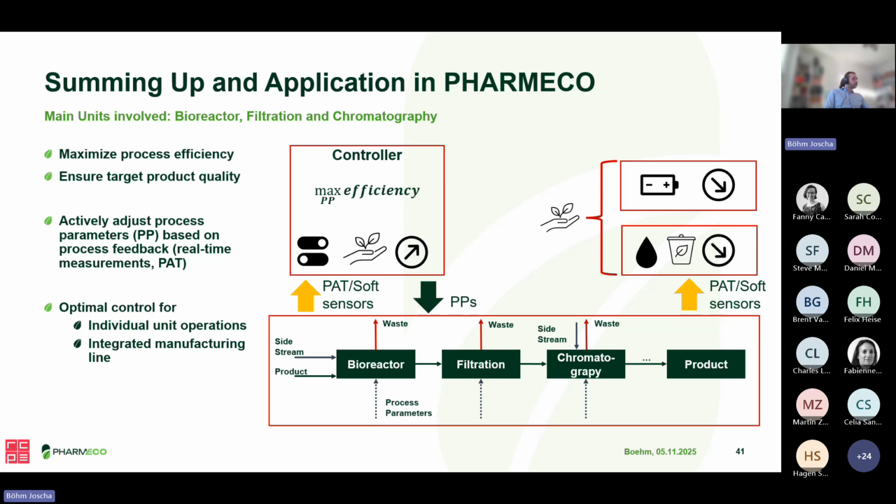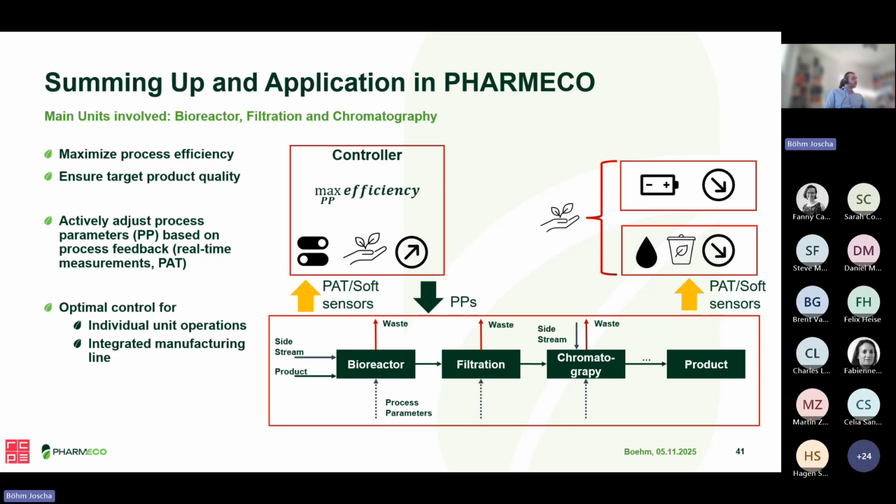To get to this point by means of active process control, we build controllers that maximize the efficiency while adjusting our process parameters in every unit in real time. We use the information measured, adjust the process parameters, and thereby get the real-time feedback included and the efficiency maximized.